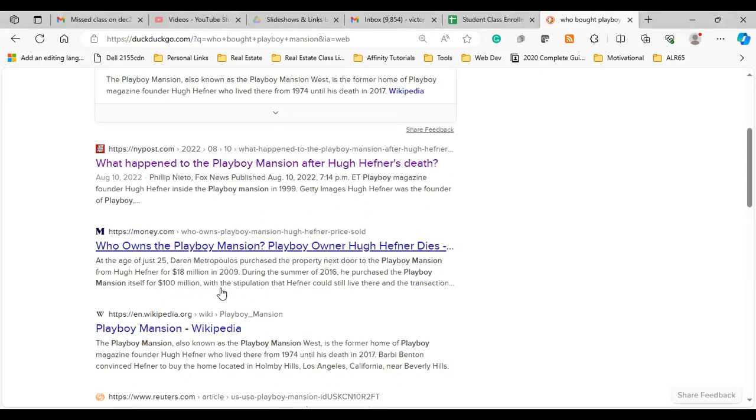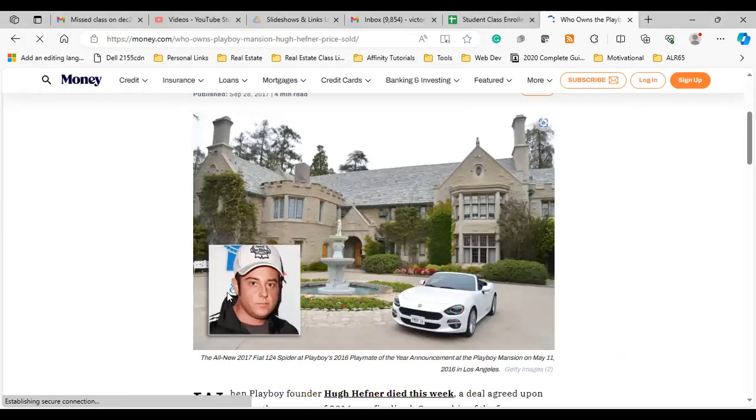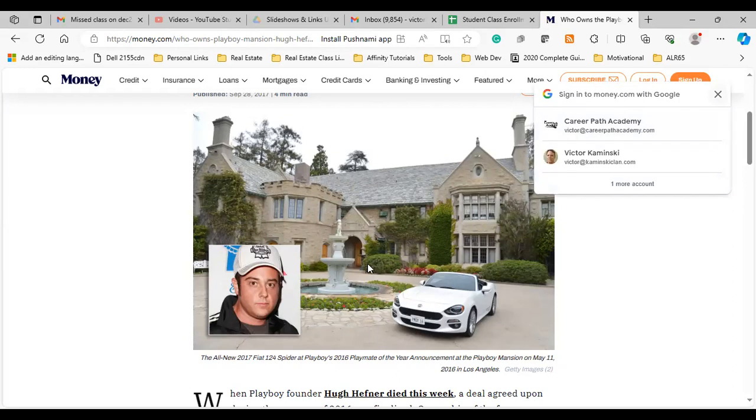No, it was not 18 million. It was a lot more than that. Let's click on this article, take a look really quick, but that's a misprint. So this young guy had enough money. He owned the mansion next door, and he bought Hugh Hefner's Playboy Mansion here.